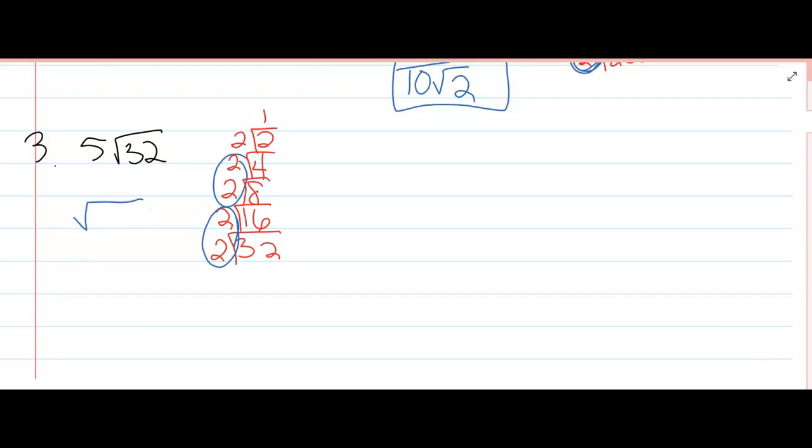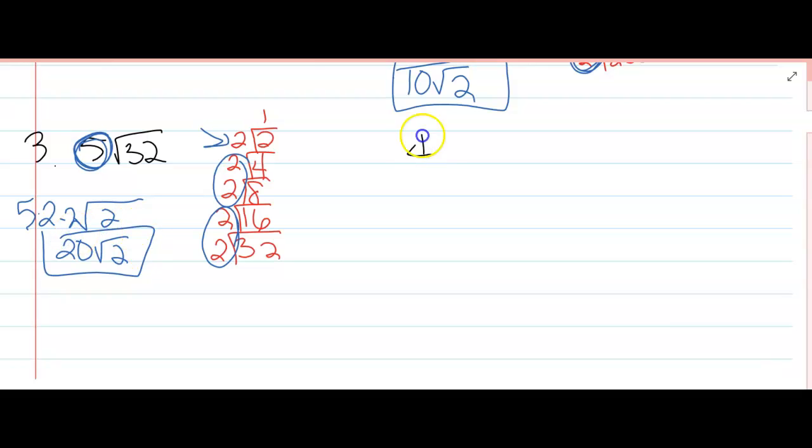So for our radical, here's where that 5 comes in. I have a 2 and another 2, but that 5 was already out there. So it's going to be 5 times 2 times 2, and then I have a 2 left over on the inside. So your answer, 5 times 2 times 2, would be 20 square roots of 2.